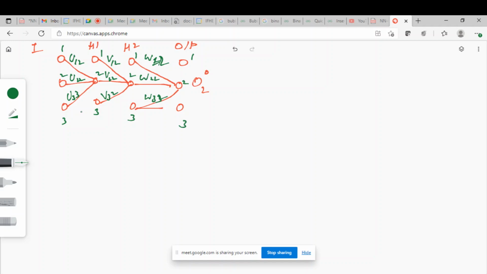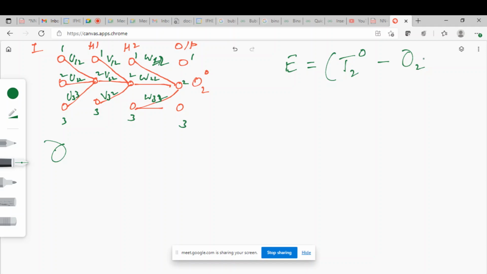The error logic is the same. Error is as usual T2O, that is the target output of the second neuron of the output layer, minus the observed output of the second neuron of the output layer, the whole square. So what will be the change in error if I change this weight, U33?